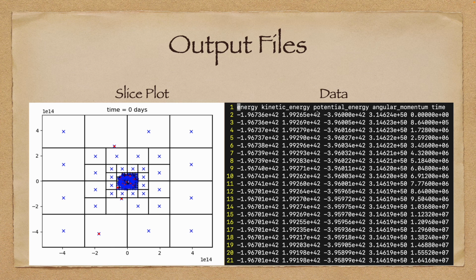Also, it contains the direction, angular momentum, and the time. This data in the text file is easy to read with some Python code to make diagrams of the energy evolution or angular momentum evolution.